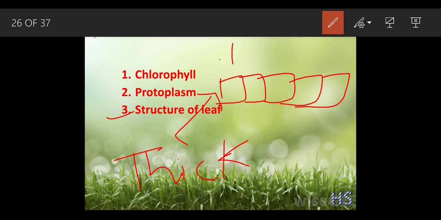It won't be able to absorb as much sunlight. If it won't be able to absorb the sunlight, the plant will die. So there was a point that the cuticle should not be that thick also. It should be transparent so that it can absorb a lot of sunlight.